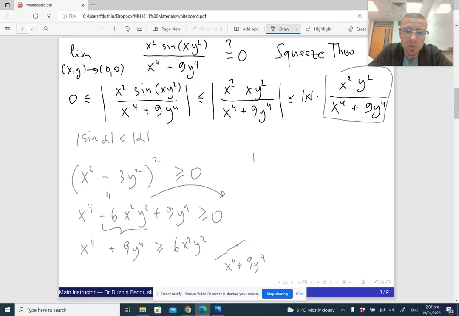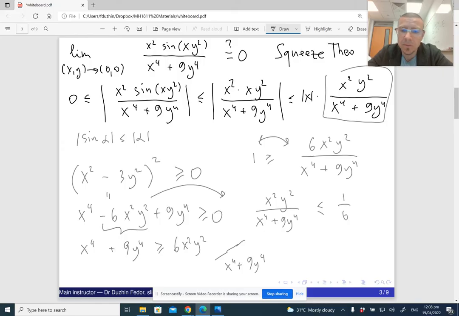And doing that, we will get 1 is bigger than or equal to 6x squared y squared divided by x to the 4 plus 9y to the 4. Then switching the left hand side and the right hand side and dividing by 6, we get x squared y squared divided by x to the 4 plus 9y to the 4 is less than or equal to 1 over 6.